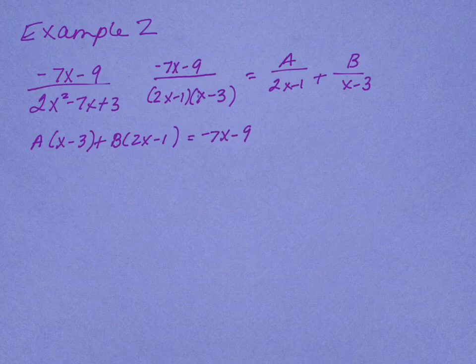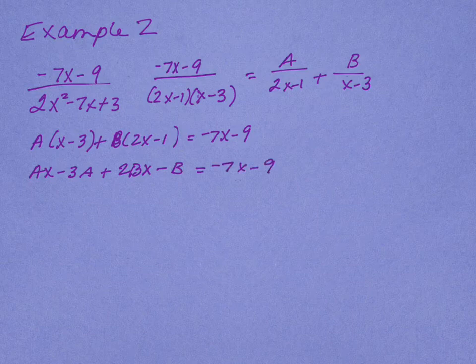So ax minus 3a plus 2bx minus b equals negative 7x minus 9.